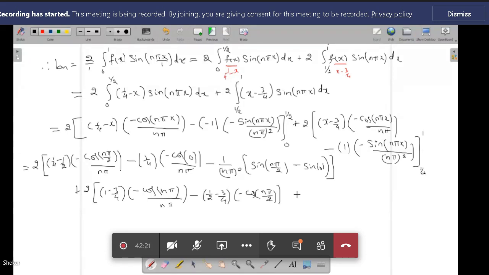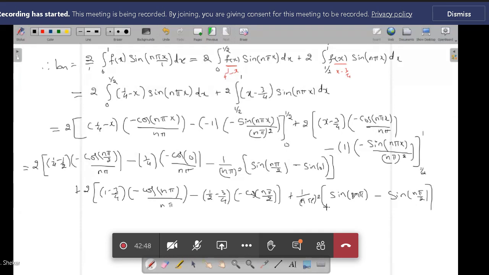And in the last term it is again minus into minus plus, we have 1 by n pi whole square into sin n pi when you put the upper limit, and minus sin n pi by 2 when you put the lower limit.